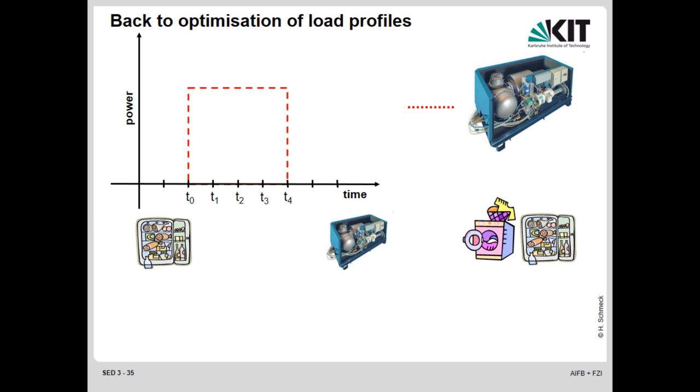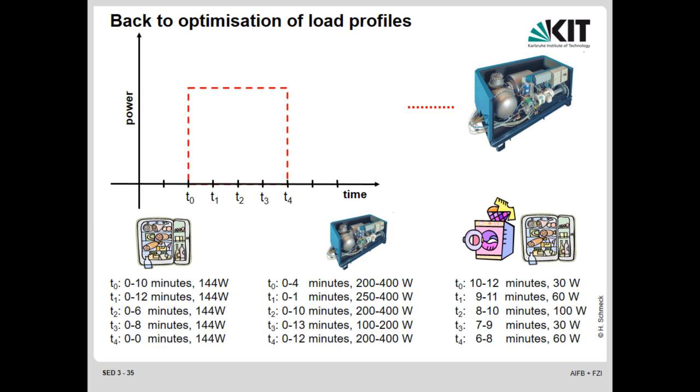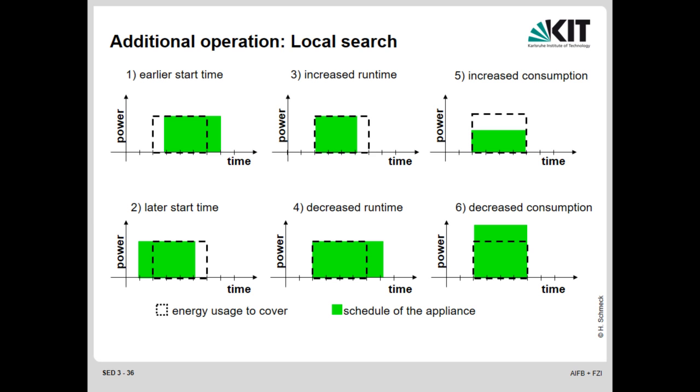So we wanted to find out how we can actually fill that curve there. We have our degrees of freedom for the devices, and now we would like to get a solution. So this is one possible solution, and it does not fit very well. And so sometimes we can also perform local search.